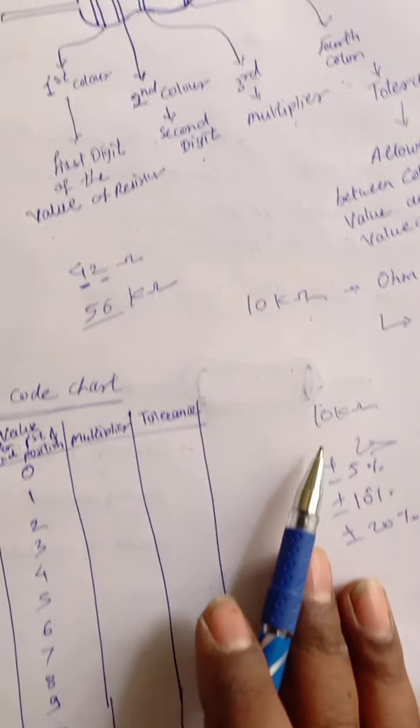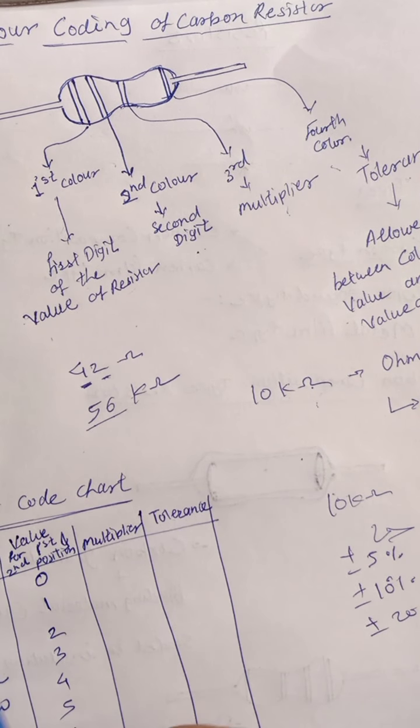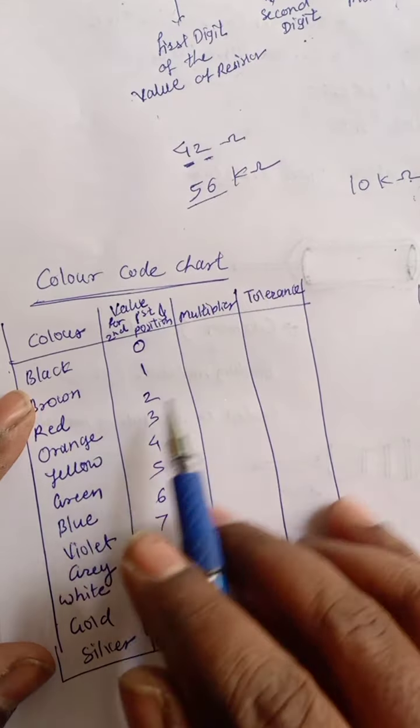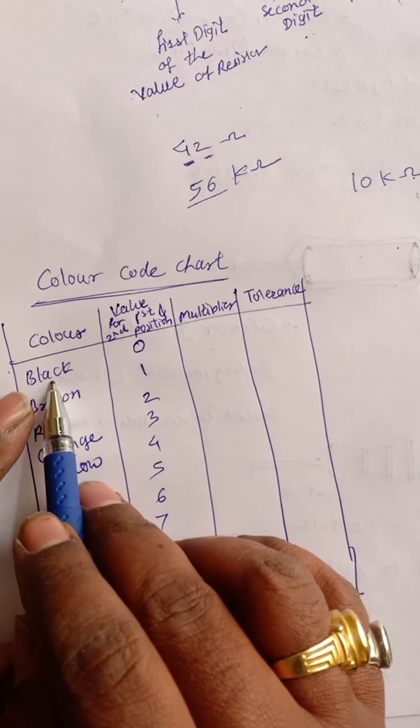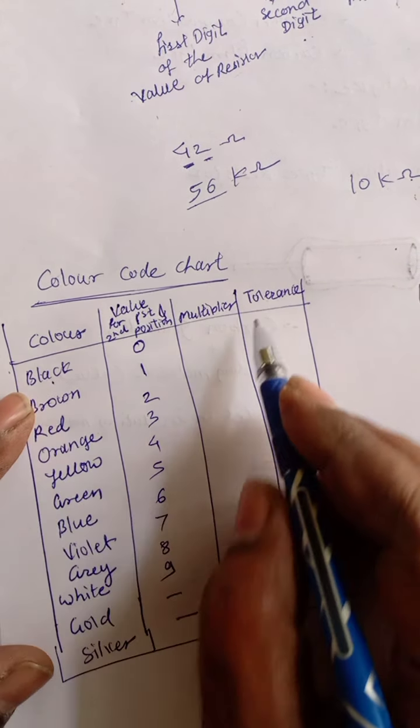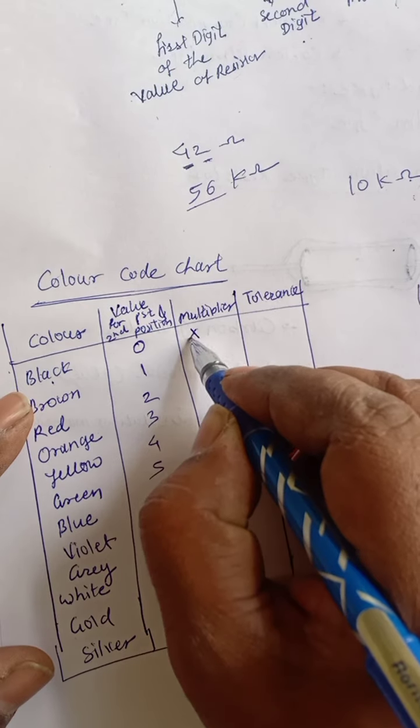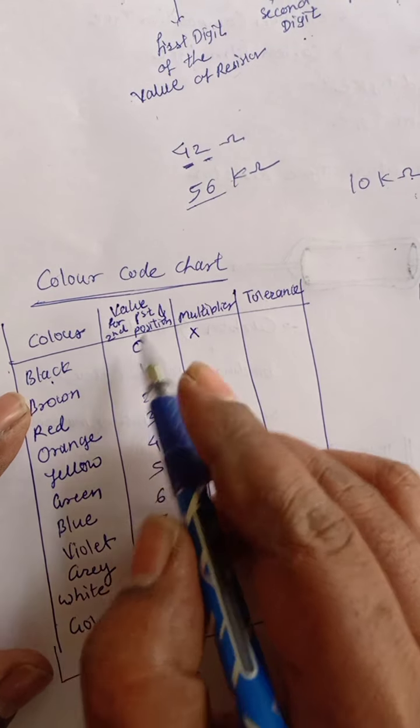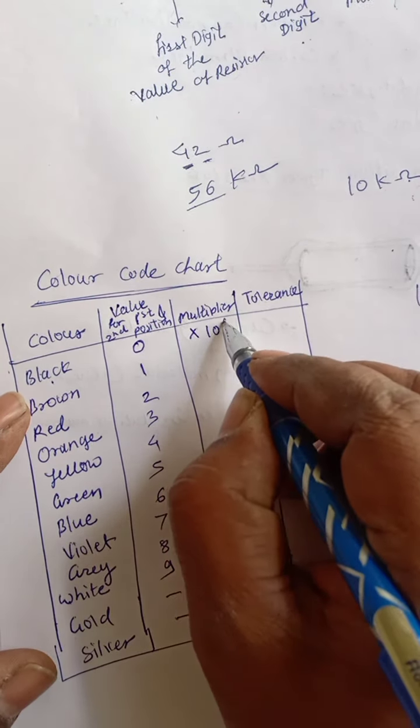Then black as a multiplier. If black is at the multiplier position, you have to multiply the first two digits by 10 raised to 0.